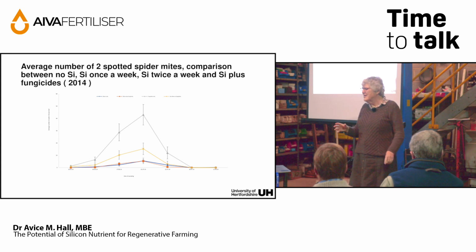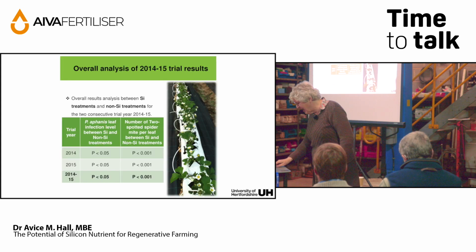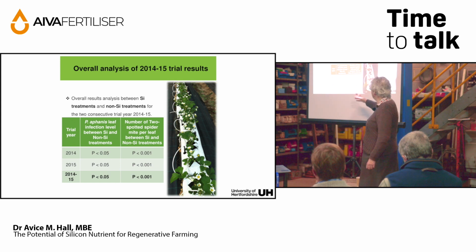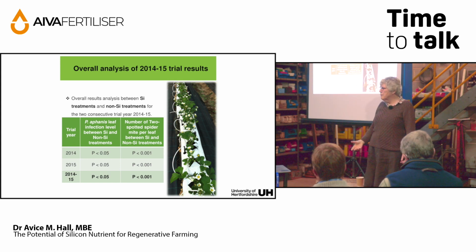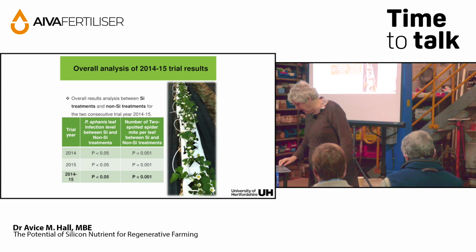So seriously, it's a really interesting interaction. And the next slide does show you here, it's all statistically significant. So the strawberry powdery mildew is greatly reduced, and the two-spotted spider mites, all just with a silicon nutrient in the fertigation system.